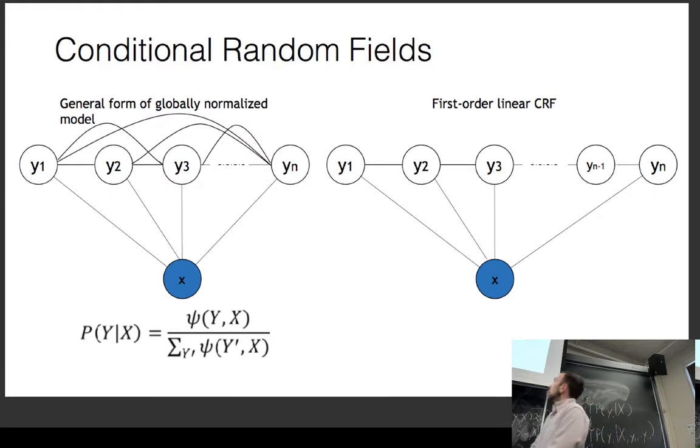Then what a CRF, and more specifically a first order linear chain CRF, does is they say only tags that are directly next to each other in a sequence labeling problem can influence each other. And all the other tags, given y2, the decisions over y1 and y3 are not influencing each other. This is kind of a graphical model format if you study graphical models, but that's less important.